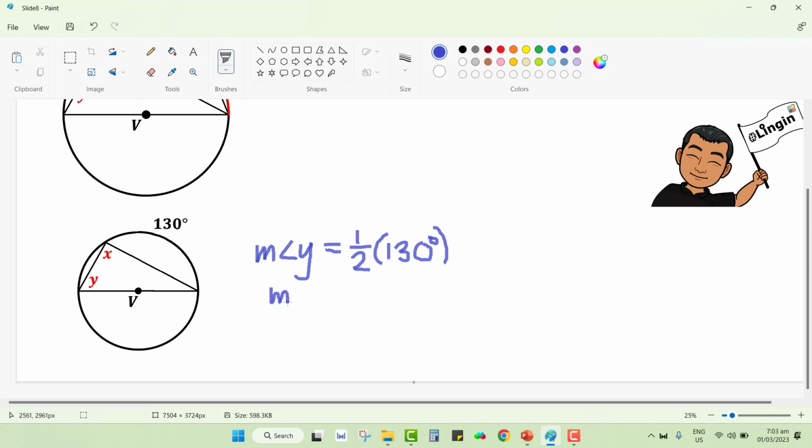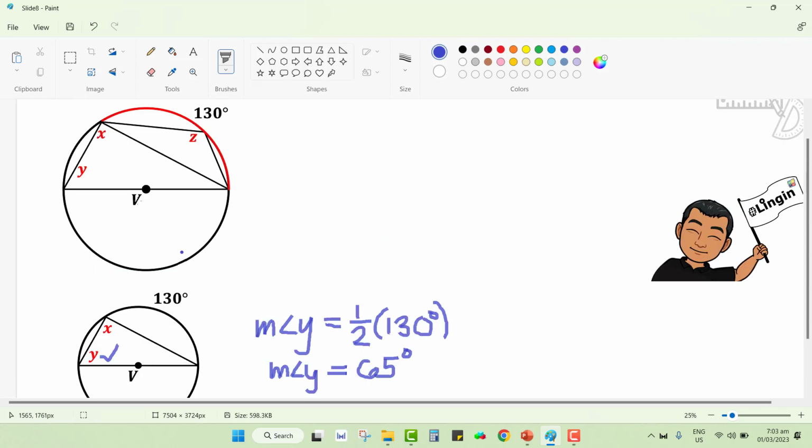Therefore, the measurement of angle y is equal to, again, half of 130 degrees, which is 65 degrees. So this is the value for the first variable, which is y.